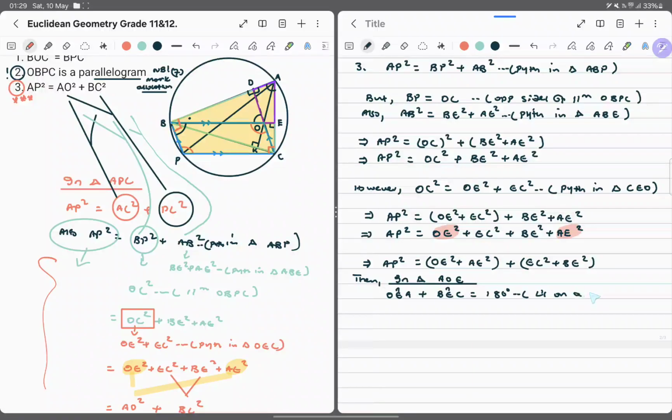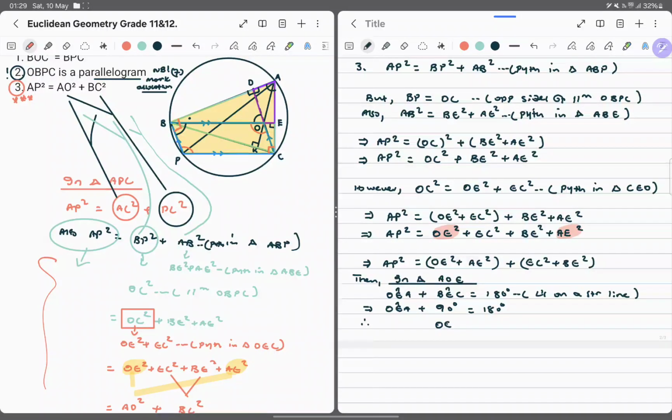These are angles on a straight line, right? Which implies that OEA plus 90 degrees, because that was given, is equal to 180 degrees.